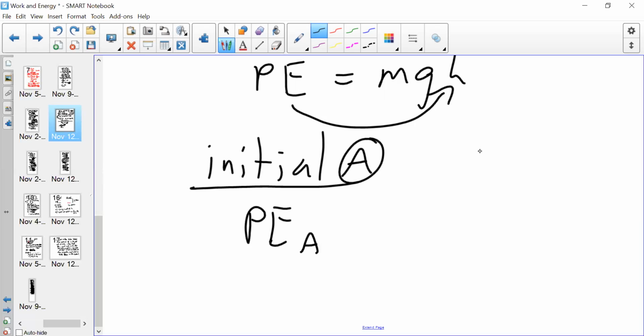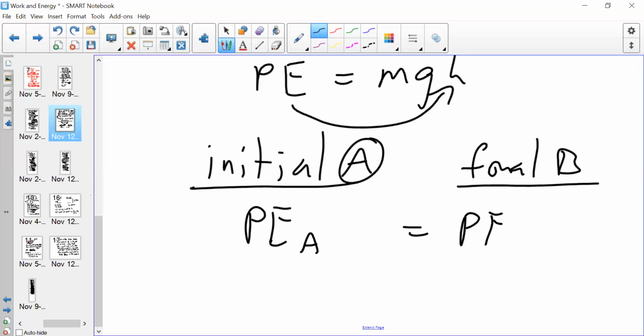And then at final, the other point in question, which is B, the easiest problem would be, okay, it hits the ground and it's all going to be kinetic, but it's still in the air. So at B, it has potential and kinetic.